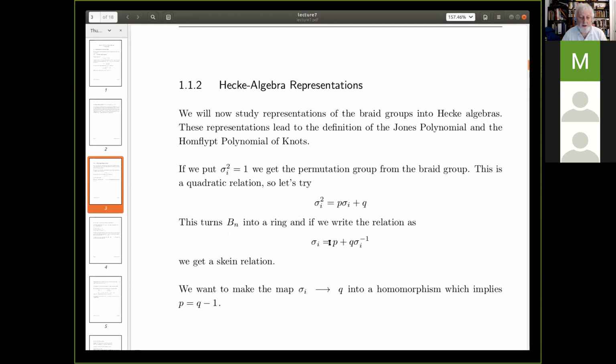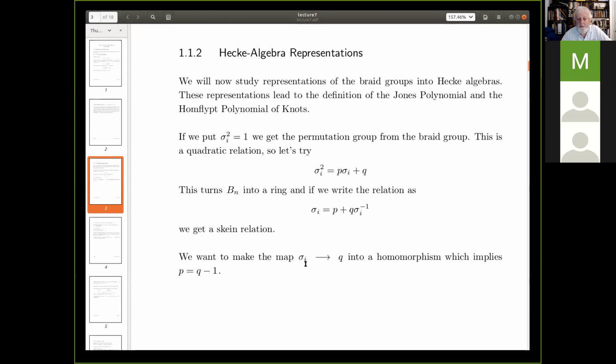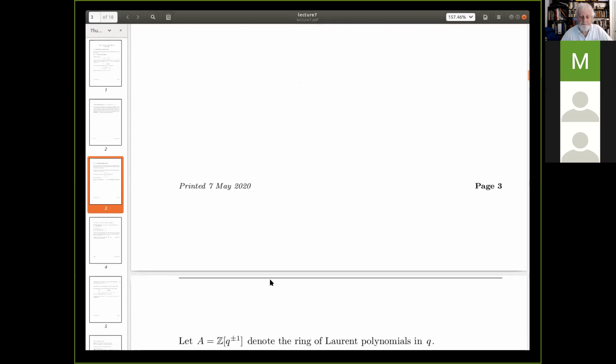P is just a scalar times the identity, and this is Q times the sigma i inverse, which is a left-handed crossing. So that's just like a skein relation. We want to make this map sigma i to Q into a homomorphism, and you can quickly check that this implies that P has to be Q minus 1.